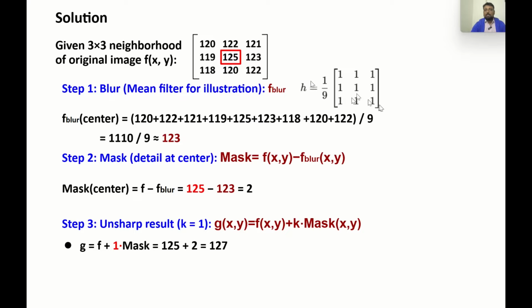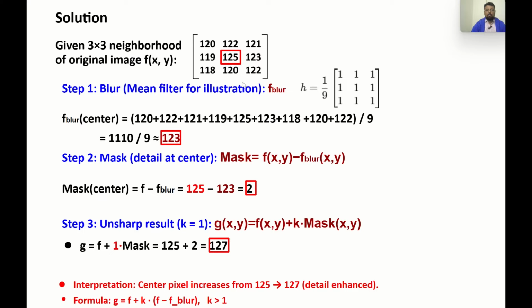With this it multiplied and got the answer 123, then subtracted that from the original pixel, the value is 2, and that 2 it added to the original pixel. So you are getting 127. So 125 became 127, right? Because of that, the visibility will increase, and the output will be much crisper and clearer.